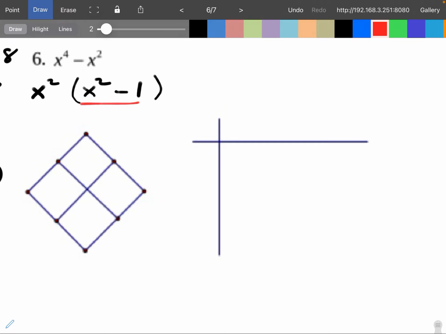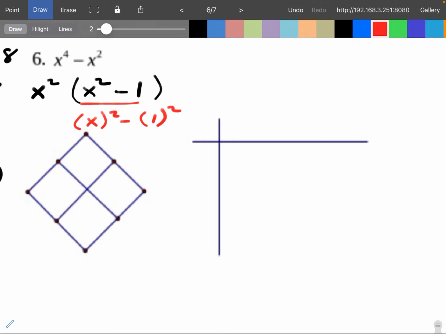Is that one done or no? You got to look at what's inside here. It's not prime. If it was a plus in the middle, it would be prime. But it's not. So what this one is, is something squared minus something squared.